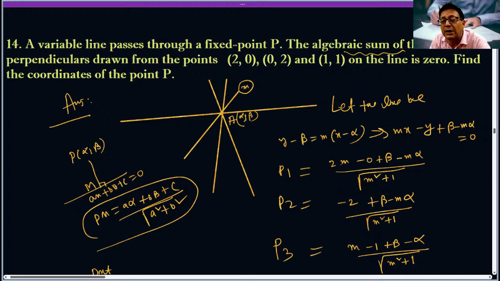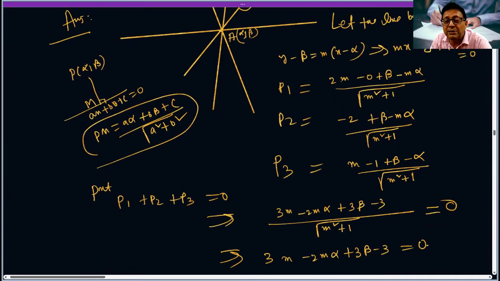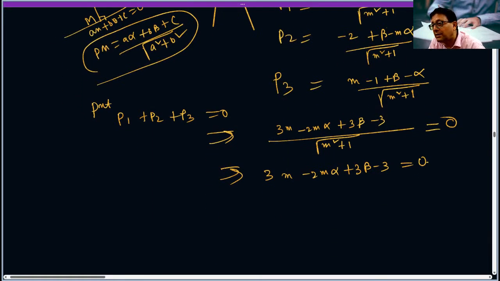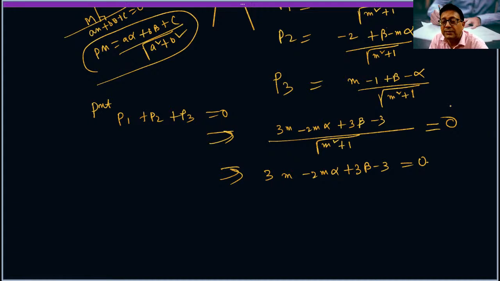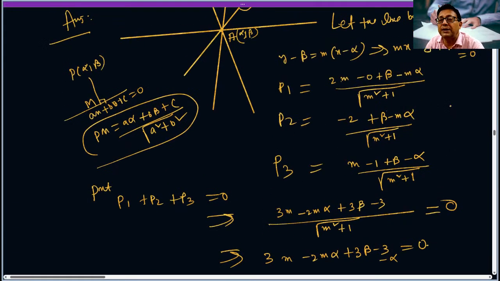And (1, 1): m minus 1 plus beta minus alpha, equal to this. Now if you are adding, what are you getting? 2m plus m, 3m. 3 beta. Minus alpha I forgot to take. 1 minus alpha I did not take.